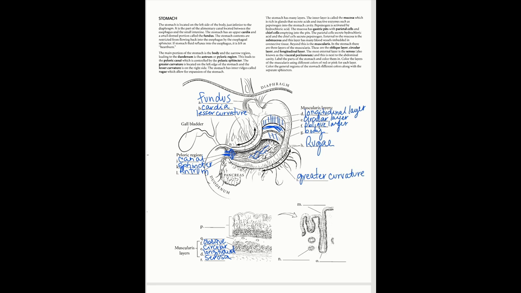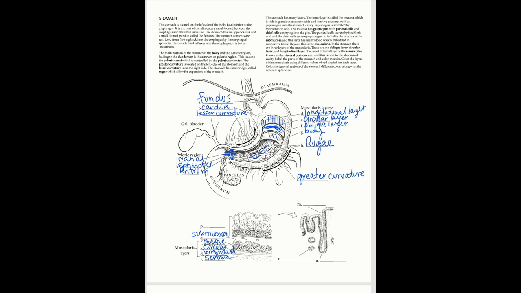And then internal to the oblique, we have the submucosa. The submucosa is just kind of a layer that's very vascular in this region.